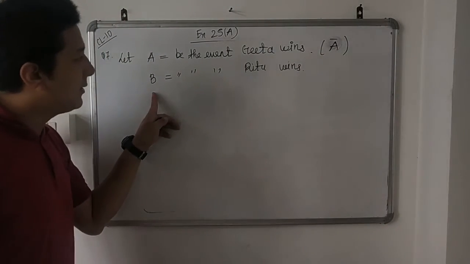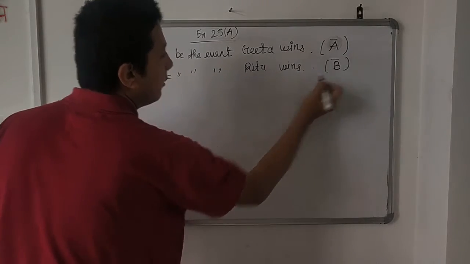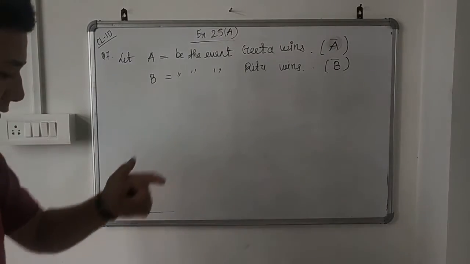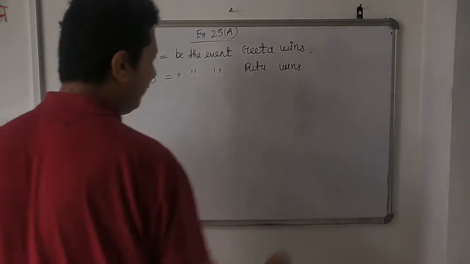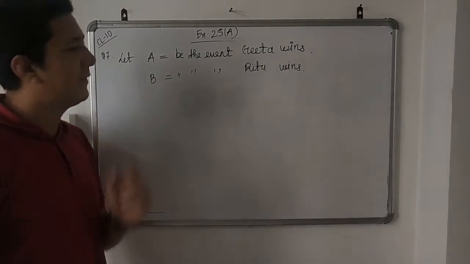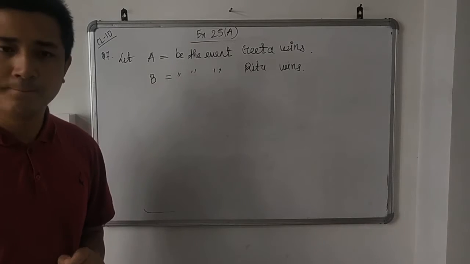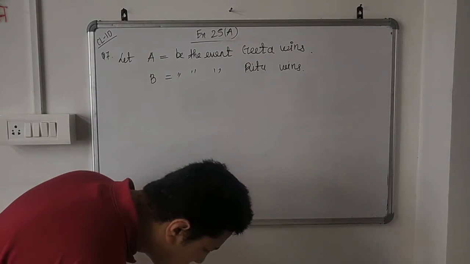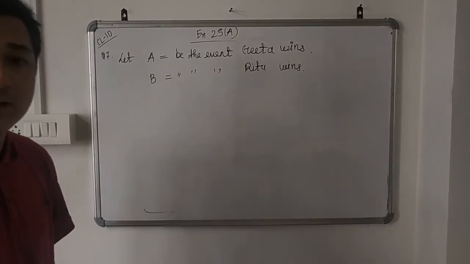And if B is the event Ritu wins, then B dash is Ritu loses. Please keep those things in your mind. We'll come to that later. But for the time being, A is the event Geeta wins, B is the event Ritu wins.